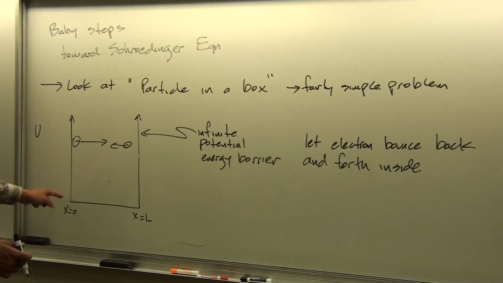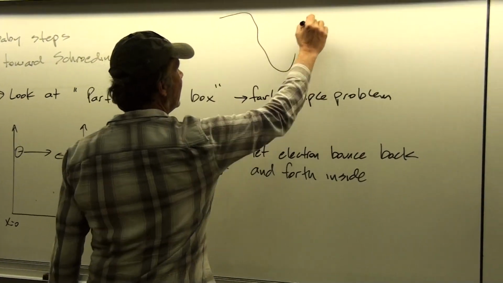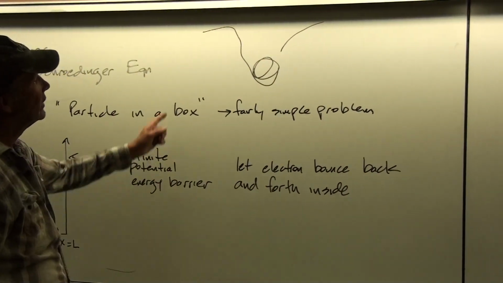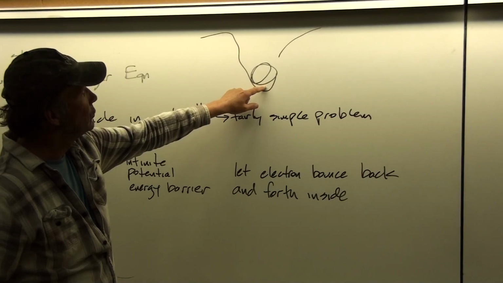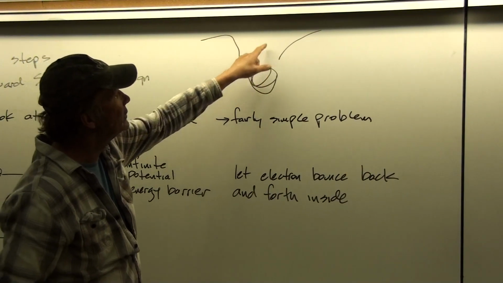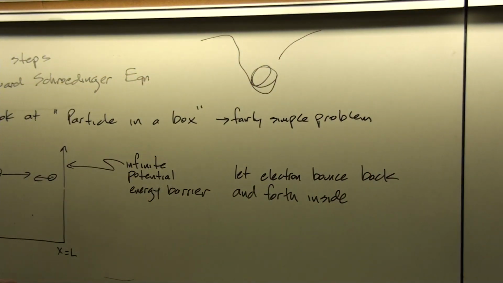For the particle in a box, you could imagine this to be analogous to, say, a tumbleweed in a ditch. You would be at some low energy state here, and it would be hard for the tumbleweed to leave the potential energy barrier.